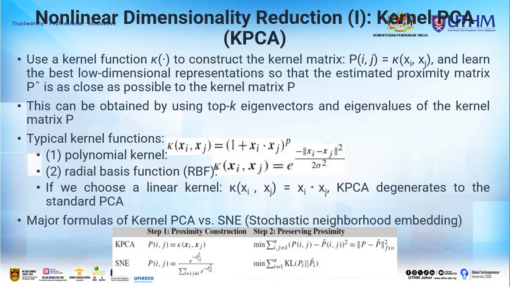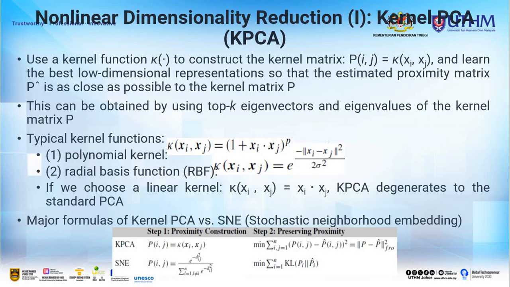Next, non-linear dimensionality reduction, which is kernel PCA. It uses a kernel function k to construct the kernel matrix to handle more complex data. Again, it's a non-linear method. It extends PCA by using a kernel function.